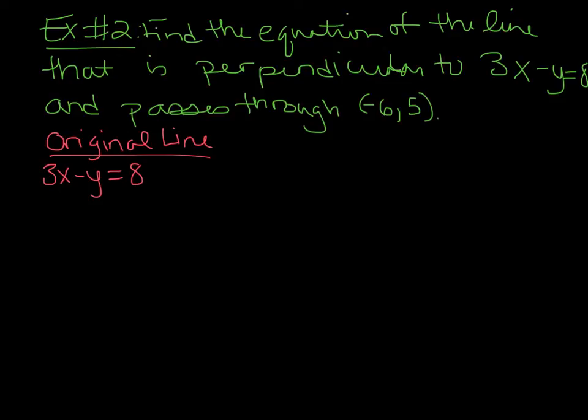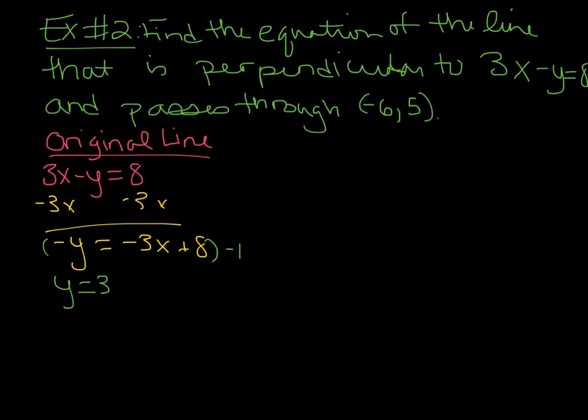So I'm going to solve for y, by moving over the 3x, then I'm going to multiply both sides by -1, which gives me y equals 3x minus 8. So my original line has a slope of 3.